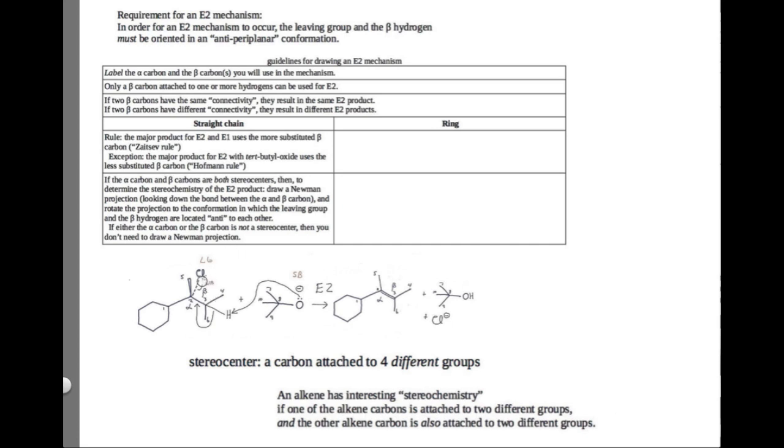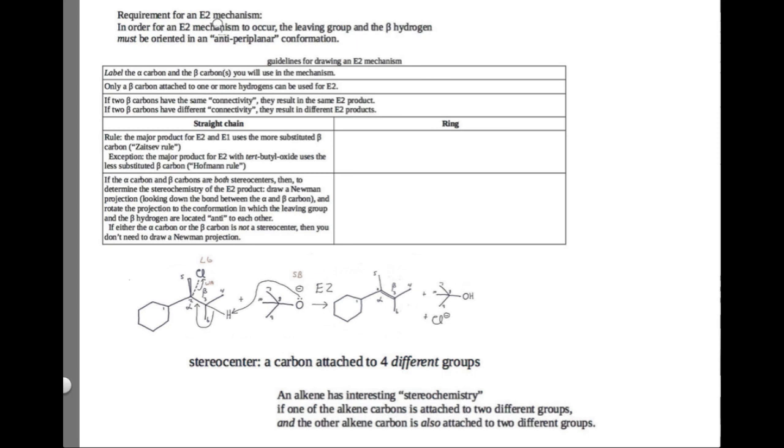We could rotate this picture so that it has a correct anti-periplanar conformation, but there's no need to do that, because the main purpose would be to get the right stereochemistry for the alkene product, and this alkene product doesn't have any interesting stereochemistry.